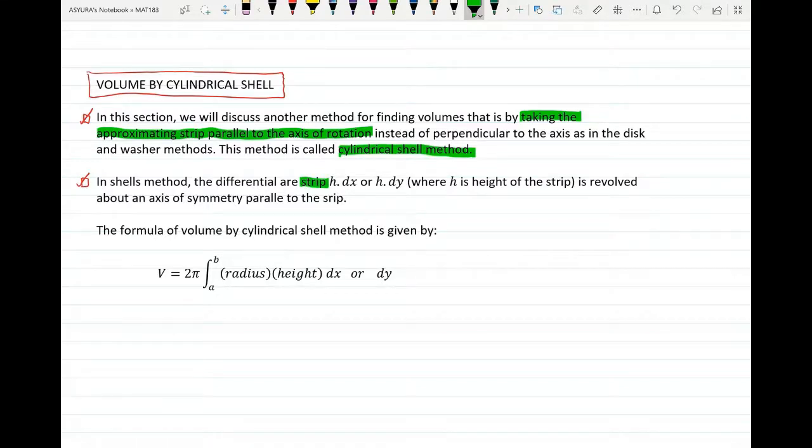The strip is revolved about the rotation line. Next, what is the formula? The formula of volume by cylindrical shell method is given by V equals 2 pi, the integral from a to b, of radius times height, dx or dy. It depends on your diagram.